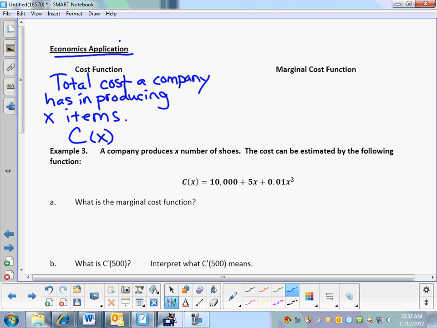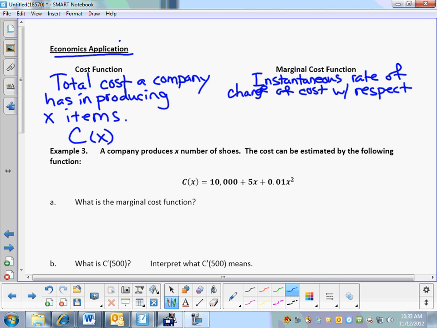And the marginal cost function is the instantaneous rate of change of cost with respect to the number of items produced. That makes it the derivative, or C prime of x.